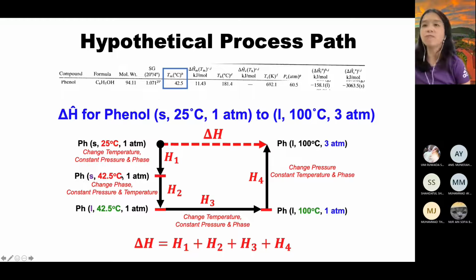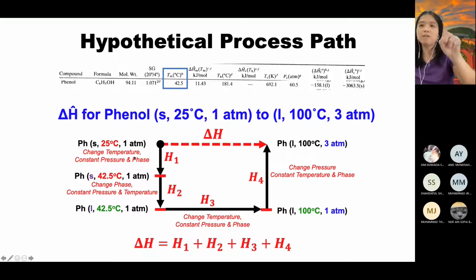Kenapa 42.5 Celsius? Sebab when you check the reference appendix table, melting point phenol 42.5. So, saya panaskan dulu kepada 42.5, 1 atm. So, this will be my first enthalpy calculation.